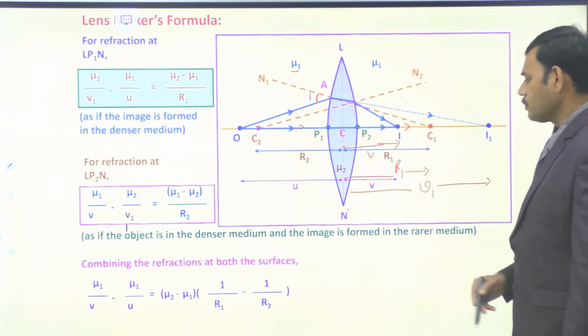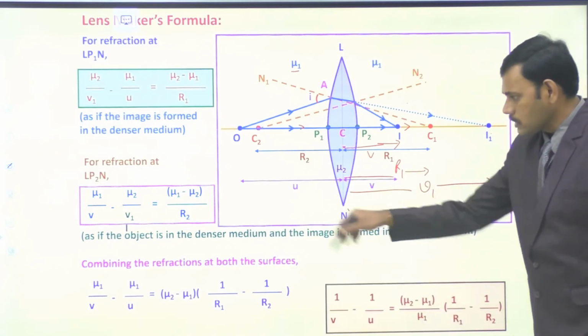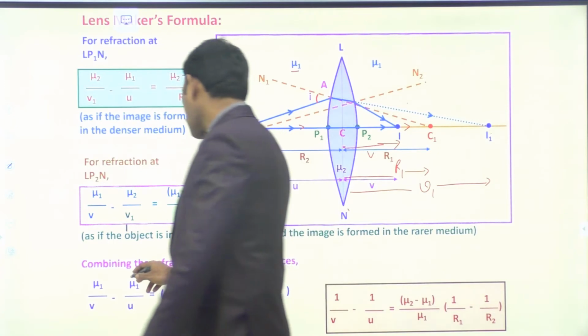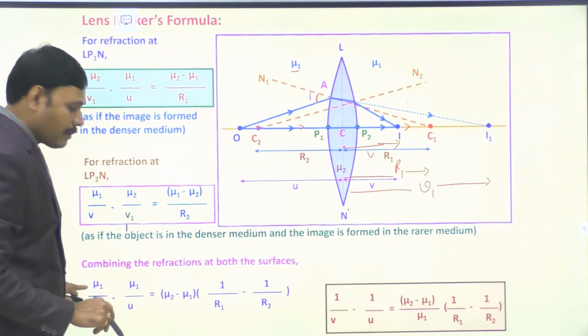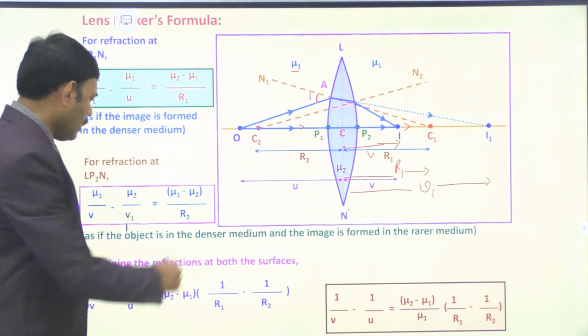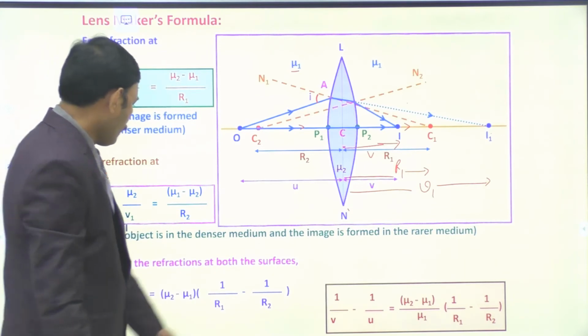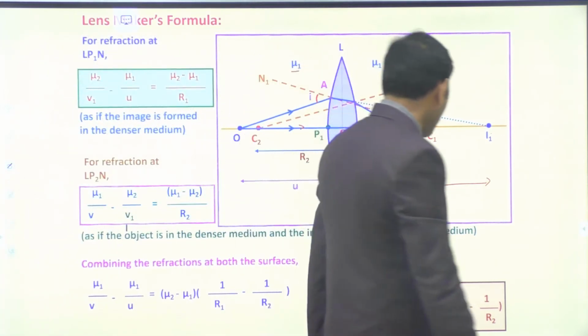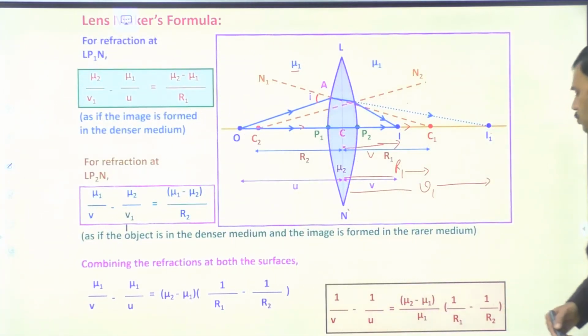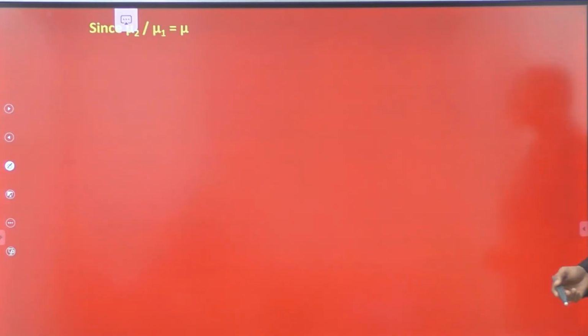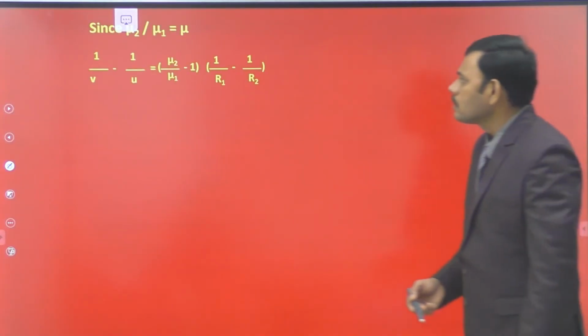Here these are the respective distances, students. Next, cross multiplying, mu1 is common in the numerator, and we get 1 by v minus 1 by u is equal to mu2 minus mu1 by mu1 into 1 by r1 minus 1 by r2. Next we continue the derivation.